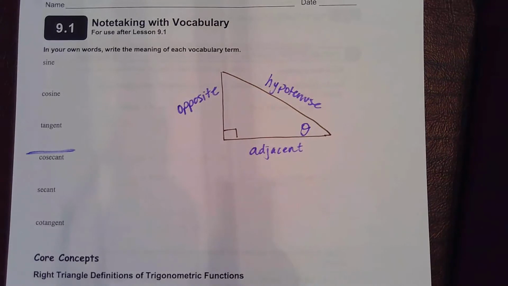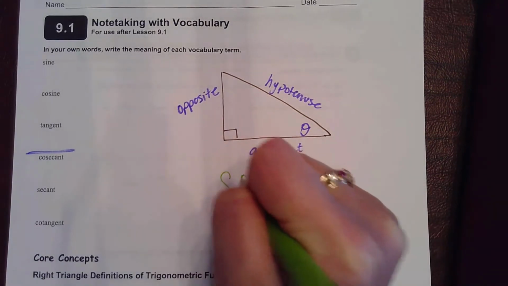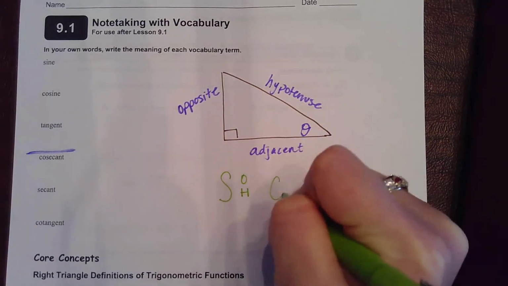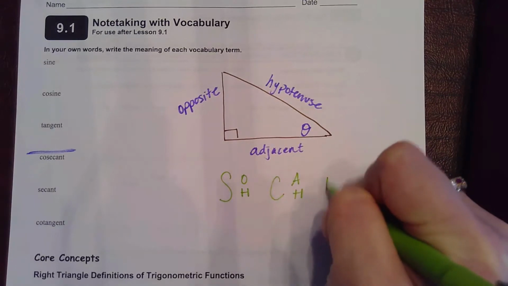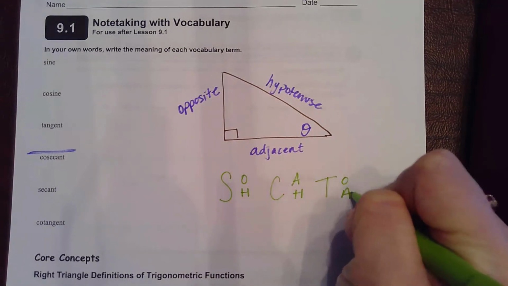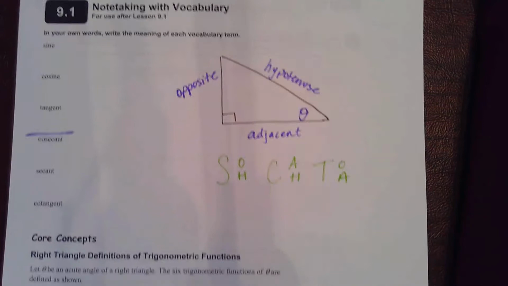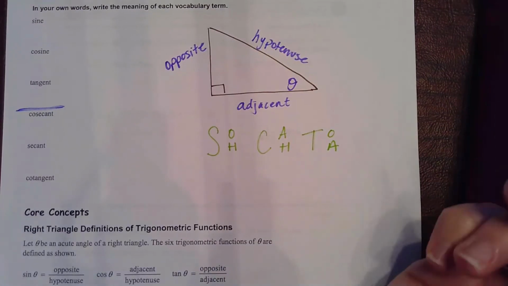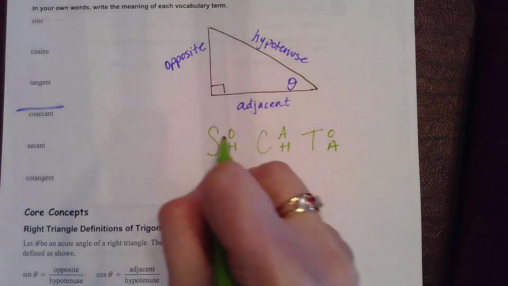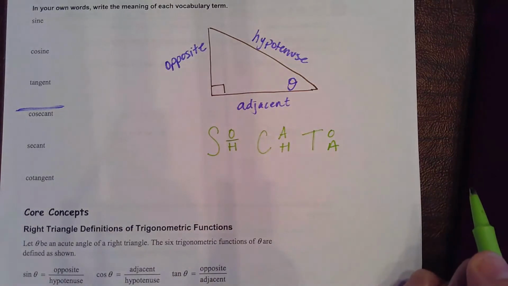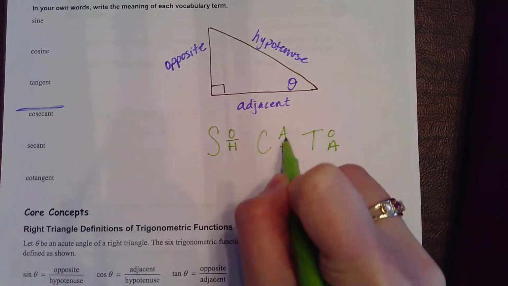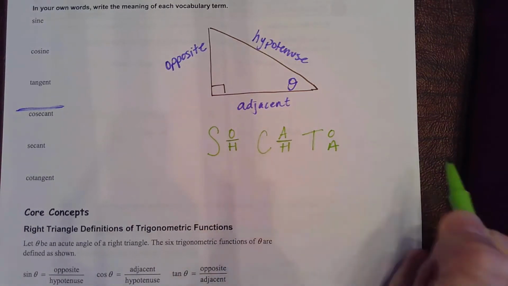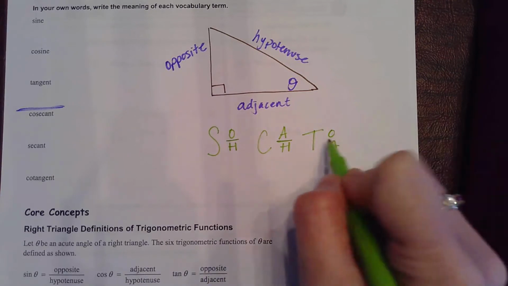And if you remember the SOHCAHTOA, we use these little symbols here to help us remember that sine is the relationship of opposite side over hypotenuse side. Cosine is the relationship of the adjacent side over the hypotenuse side.